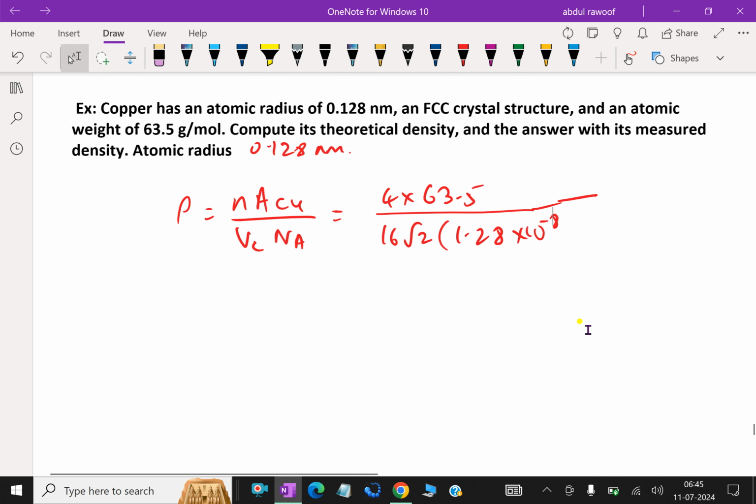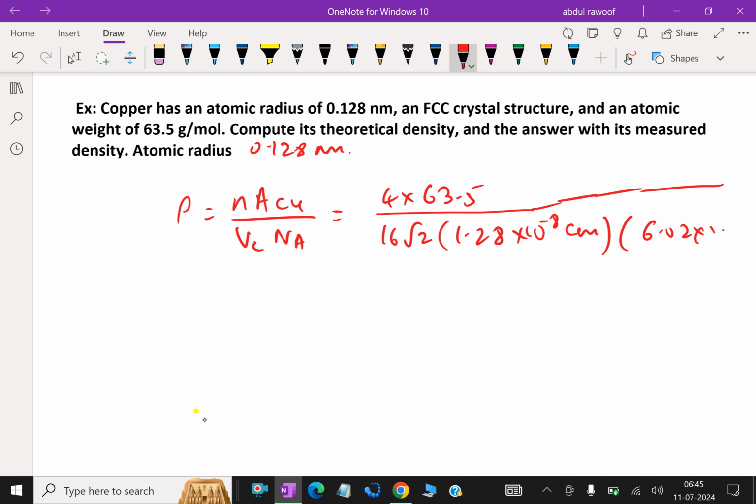The Avogadro number is 6.02 times 10 to the power 23 atoms per mole.